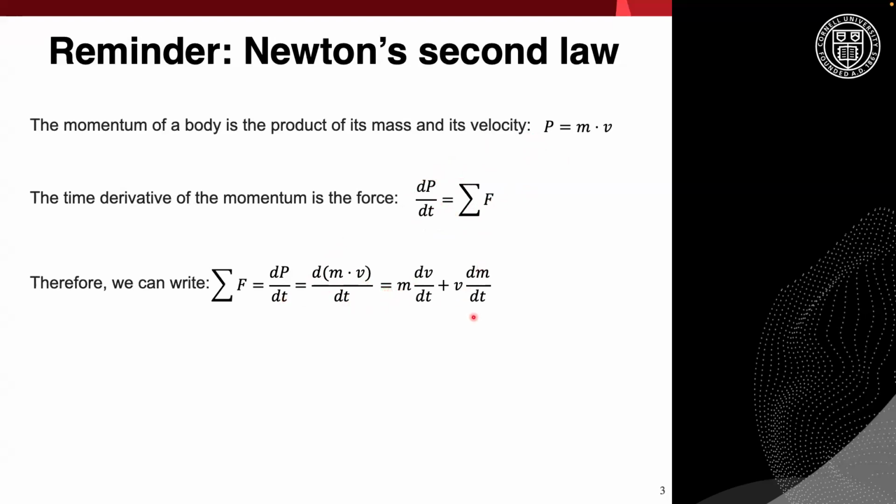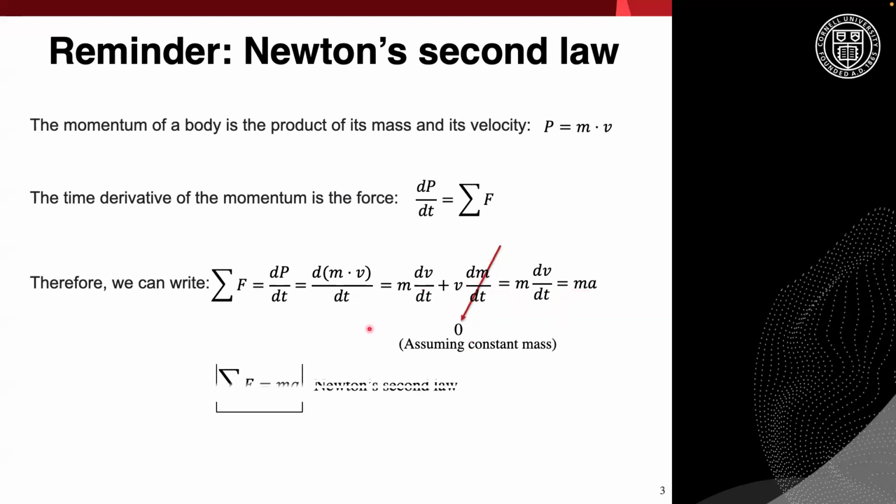And then there is an assumption that we generally make, which is a constant mass. So if we assume a constant mass, then this term goes to zero. And we end up with only one term, which is m dv/dt, which is also ma. And therefore, we can obtain Newton's second law that states that the sum of the forces applied to a body is equal to the mass of the body times the acceleration.